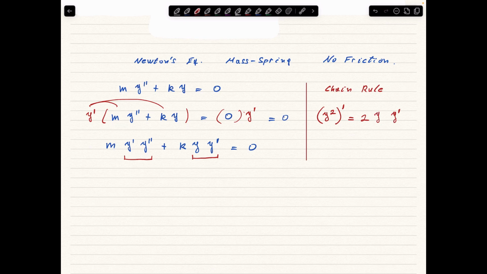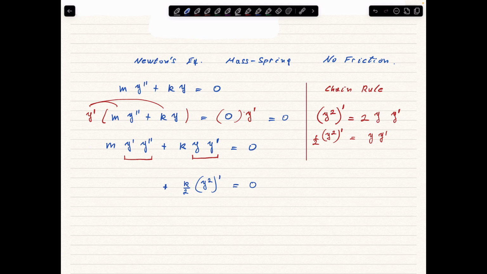Okay, great. So notice what we have here is exactly what we have here. So there is a way we can rewrite this term. So let's put equal 0 here because this is equal 0. The only thing we need to do is divide this equation by 2. So we divide by 2, 1/2 y squared derivative is y y prime. So we can put that here and say this is the same as k over 2 y squared, all prime.